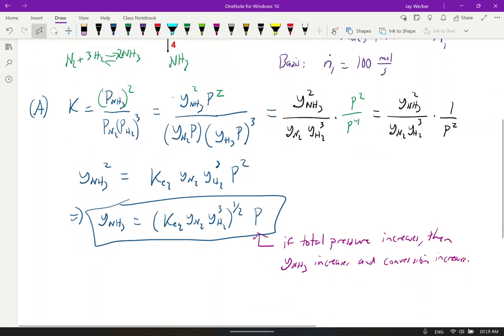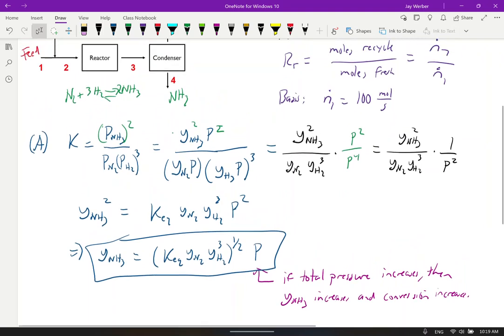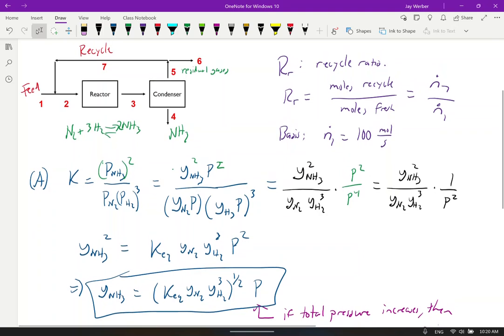So we want to increase the pressure of our system to try and maximize the mole fraction of ammonia. Of course, you can do the exact same thing and look at the mole fraction of, let's say, nitrogen, and see that increasing the pressure will cause the mole fraction of nitrogen to decrease, if we're thinking about conversion of nitrogen, for example. So that's all great.